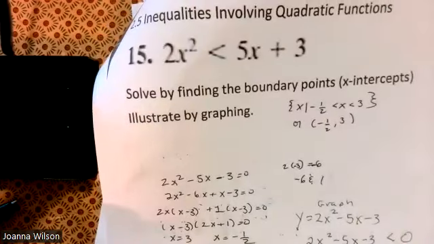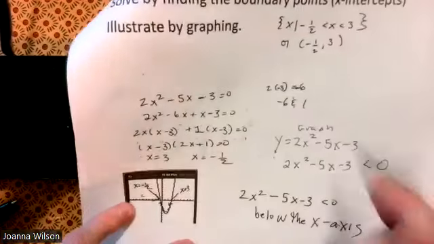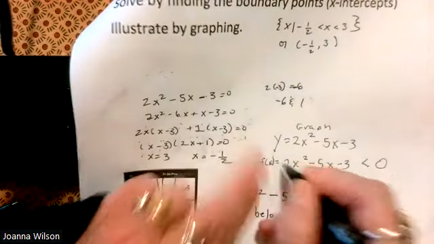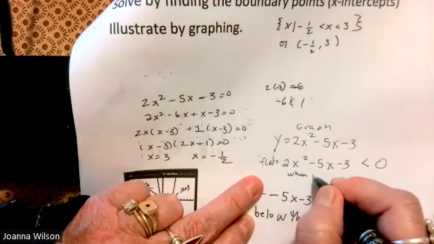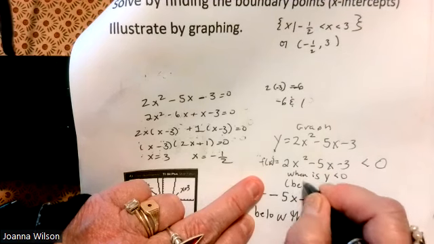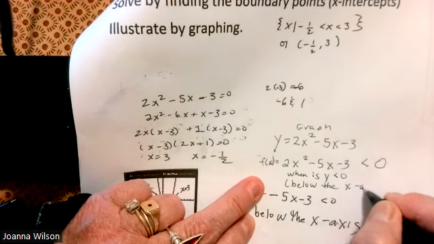Okay, if I move everything to this side, and then it'll be less than 0. And so you're talking about, this is f of x, this is the y. When is the y less than 0? Well, it is when the function's below the x-axis.